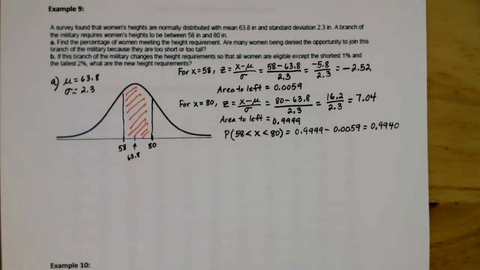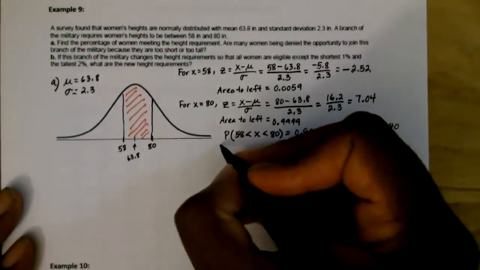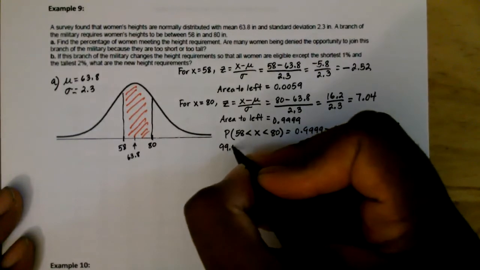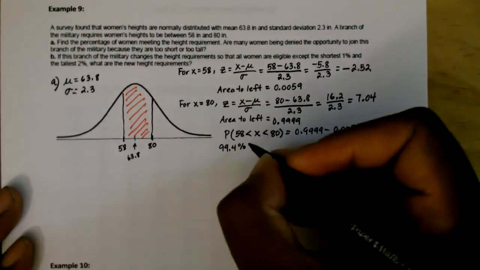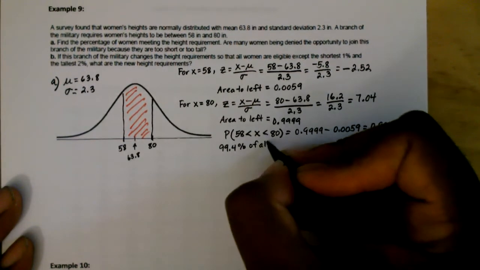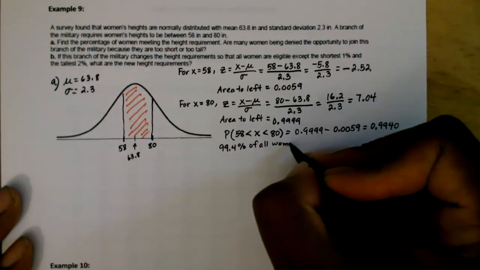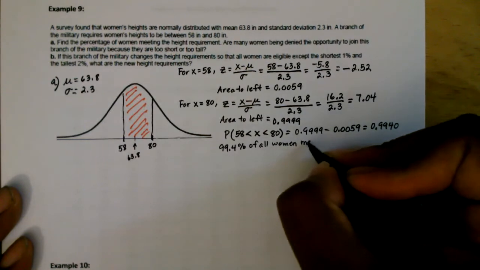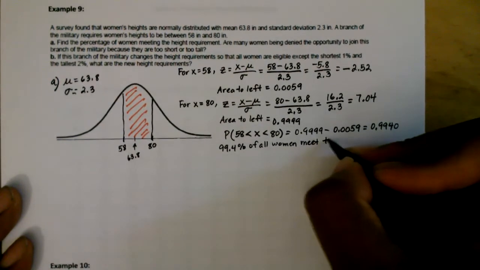It does say to find the percentage of women meeting the height requirement. If I convert that to a percentage, that would be 99.4%. So 99.4% of all women meet the requirement.